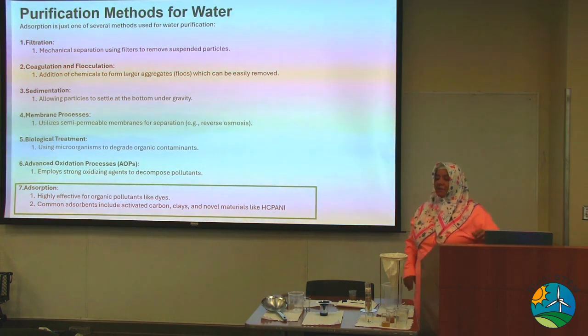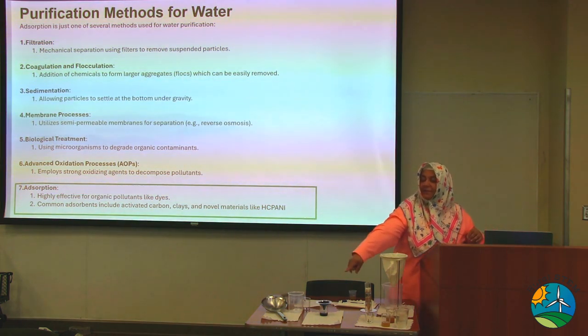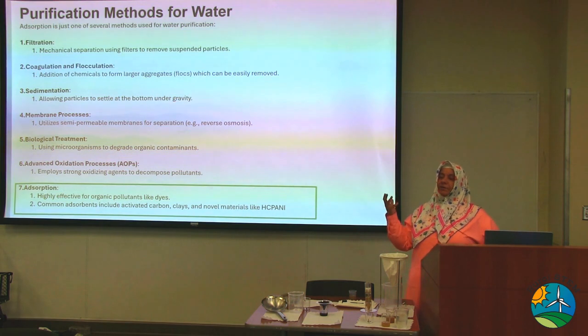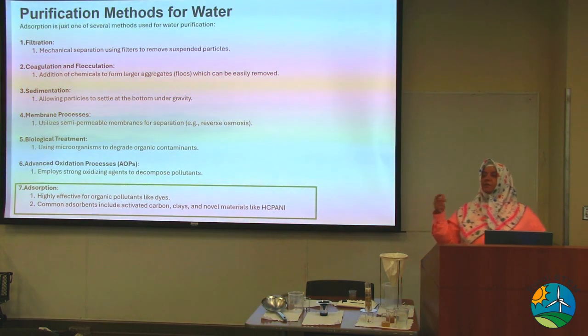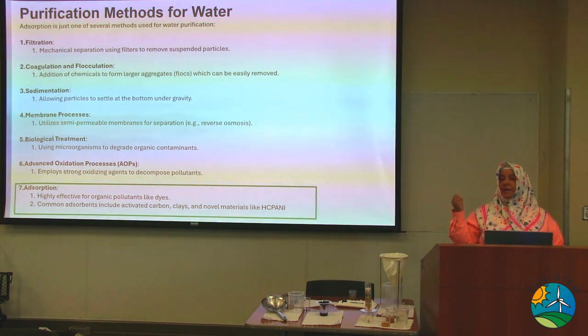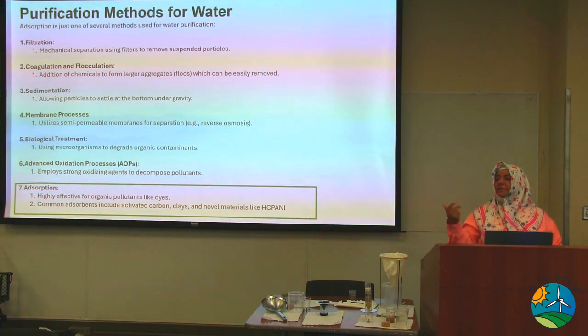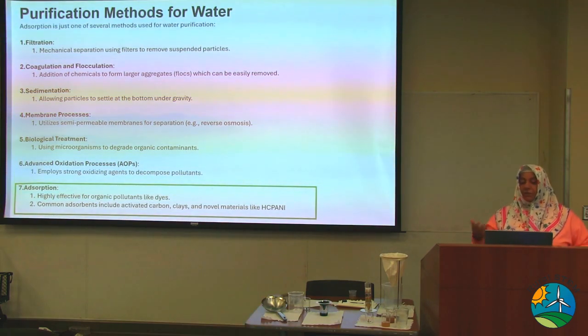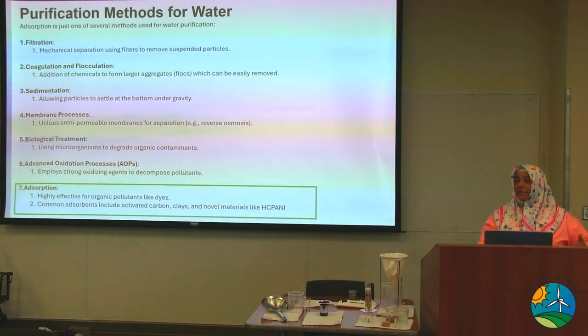Maybe you don't believe it, but the most effective one is activated carbon. Because of its nanoporous structure, it can hold most of the chemicals, like dyes, and it can clean the water, and it will be cheap if big factories work with that.